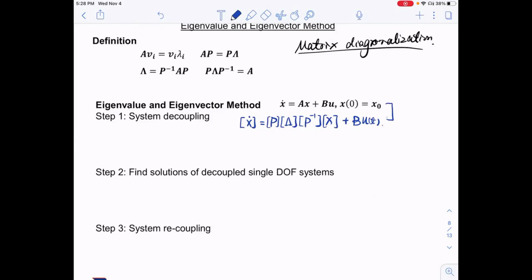From the first equation to the second one, we didn't do anything special. We just replaced the A by P lambda P inverse.